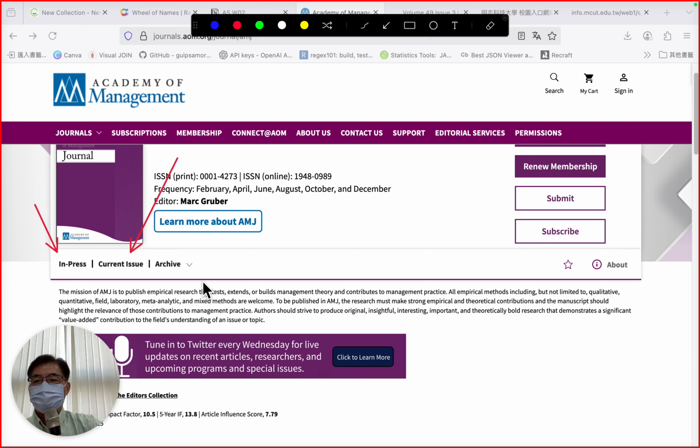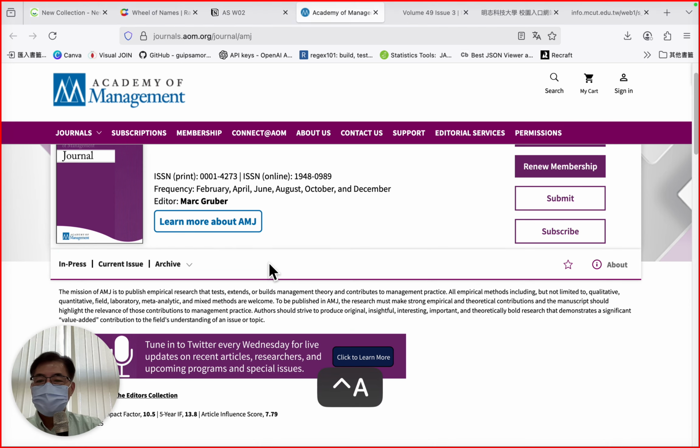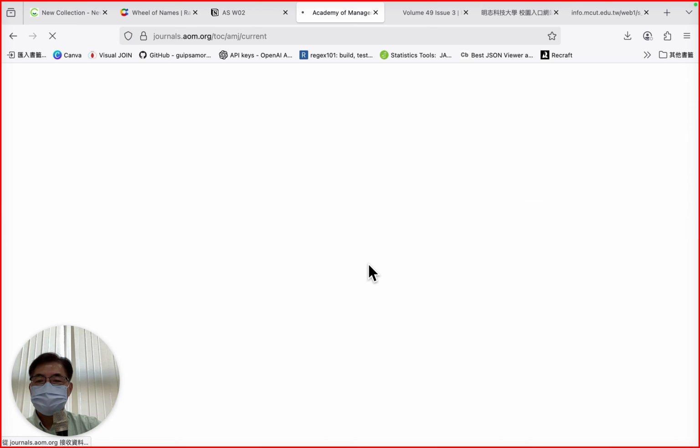In press means it will be published in the future in a recent volume. You can click the current issue. Also, if you want to find some article published in a previous year, you have to click archive. Three tabs. You can try it.